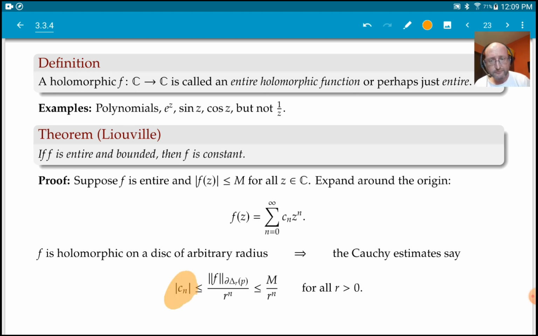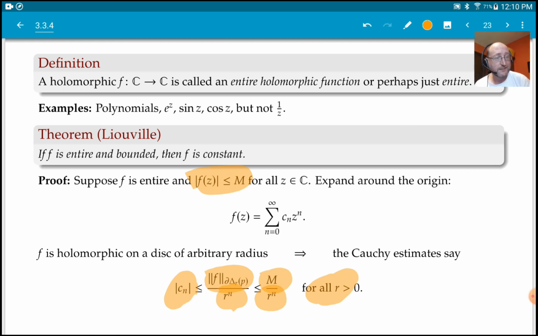For any particular n, Cn is less than or equal to the bound of f on a circle of radius r divided by r to the n. We know that f is bounded by M, so this is M, divided by r to the n. So Cn is less than or equal to M over r to the n.